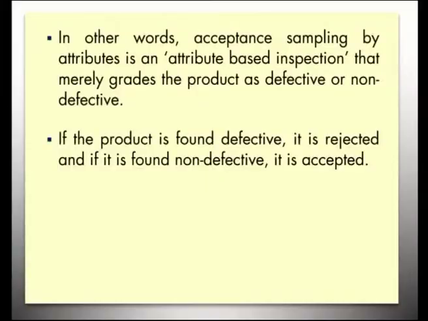When the attribute is present, the product is accepted, and in the case of absence of that particular attribute, the product is rejected. In other words, acceptance sampling by attributes is an attribute based inspection that merely grades the product as defective or non-defective. If the product is found defective, it is rejected, and if it is found non-defective, it is accepted.